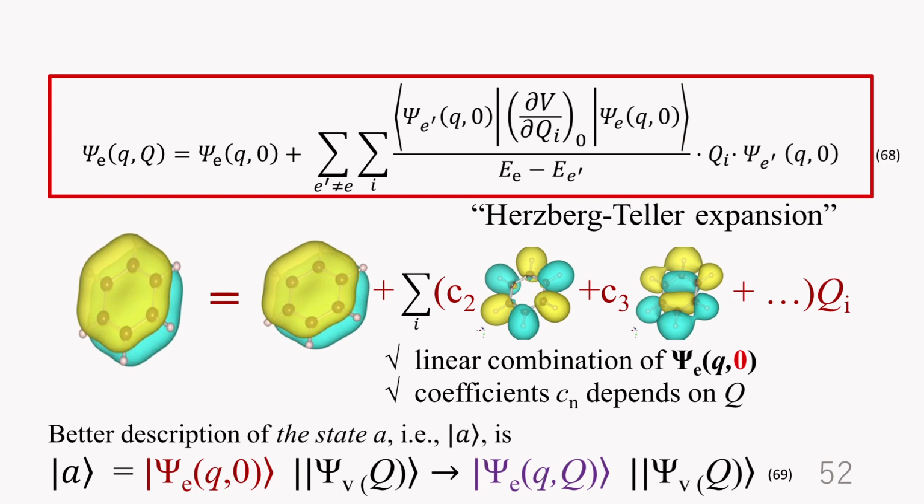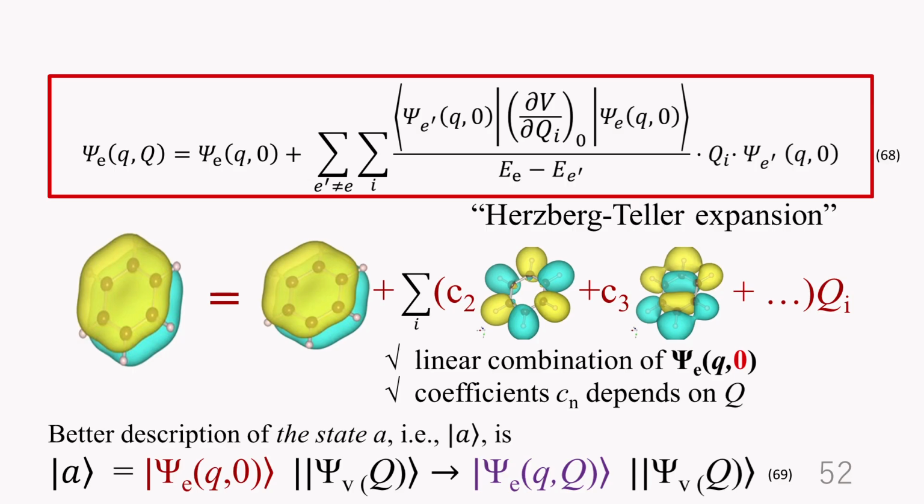It's a linear combination of the static wave functions, and the coefficient depends on Q. Q means molecular vibration, and molecular vibration is not only one. For polyatomic molecules, there are 3N minus 6 kinds of molecular vibration.